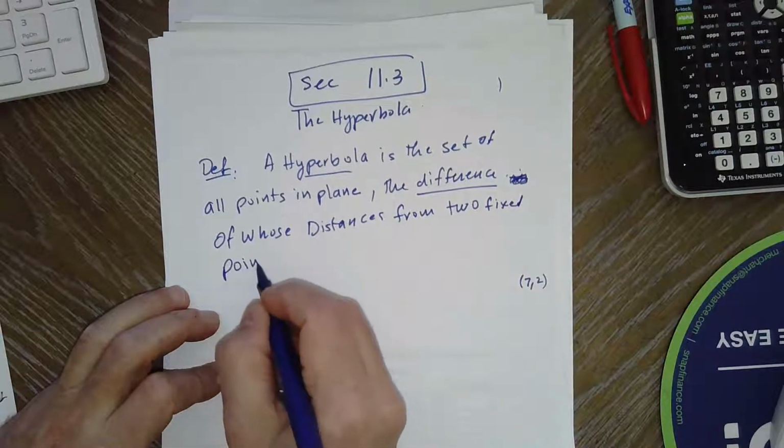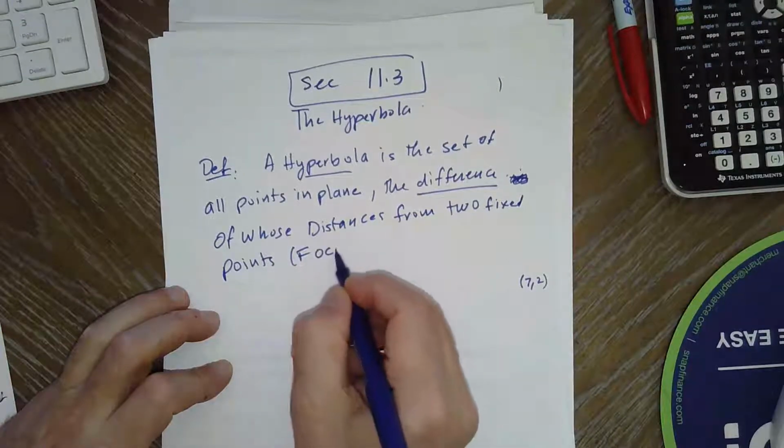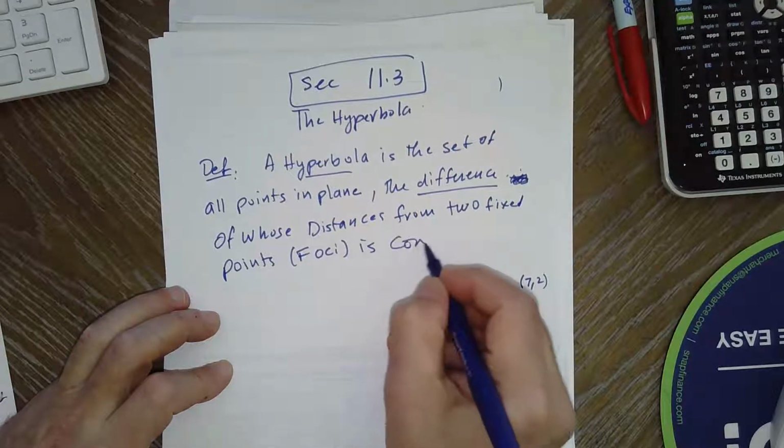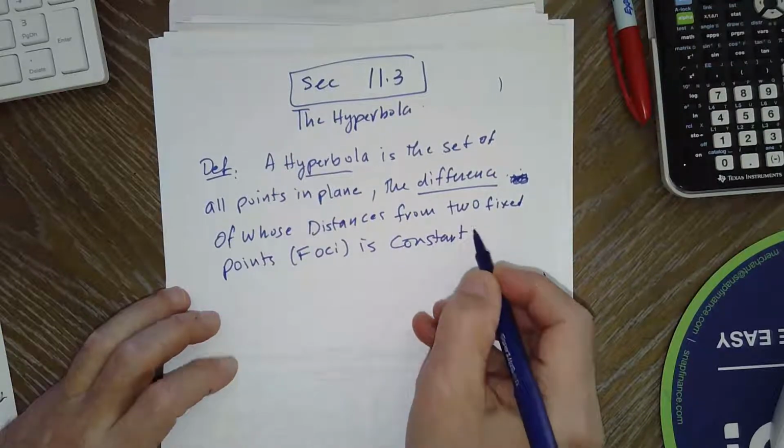Remember, those two fixed points are the foci. So instead of the sum being a constant, the difference is going to be a constant.